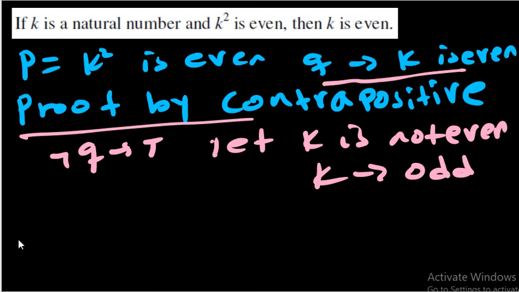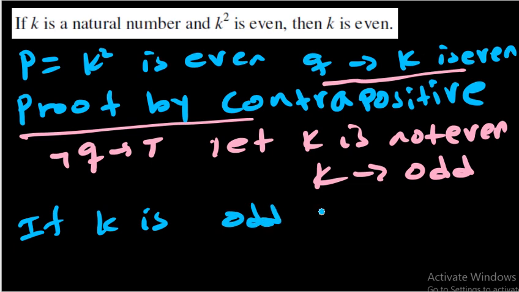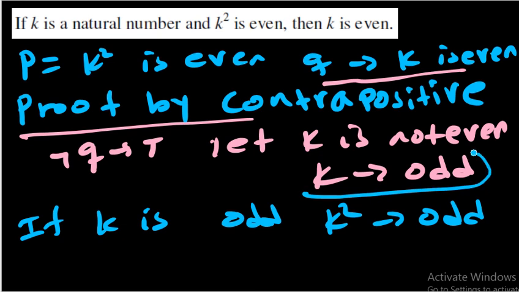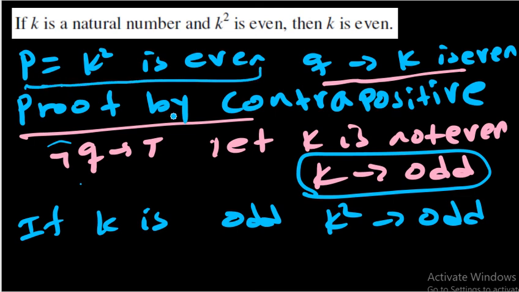Remember, if k is odd, then k squared must be odd. We proved this one already. So we accept k as odd by taking the negation of it. That means the original premise here is going to be false. It's not even; the negation of it will be true.